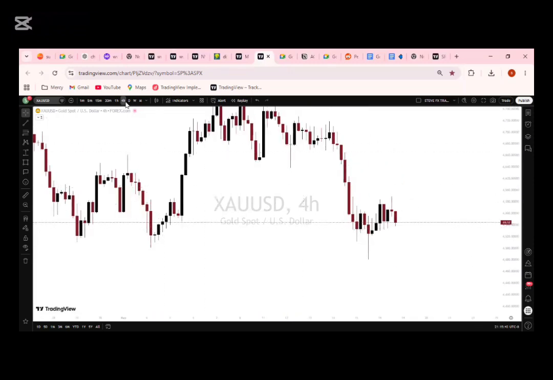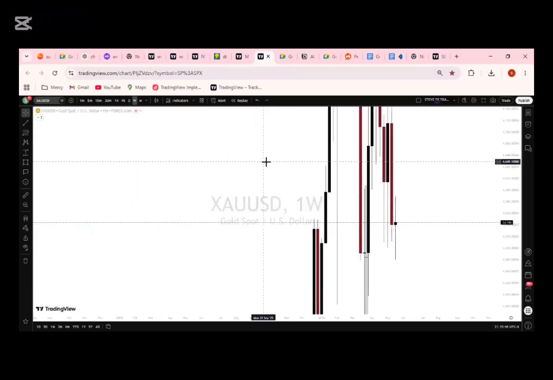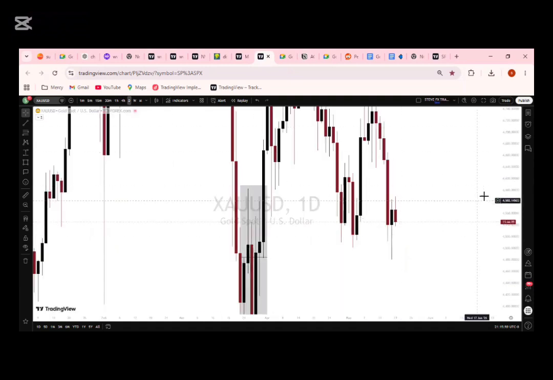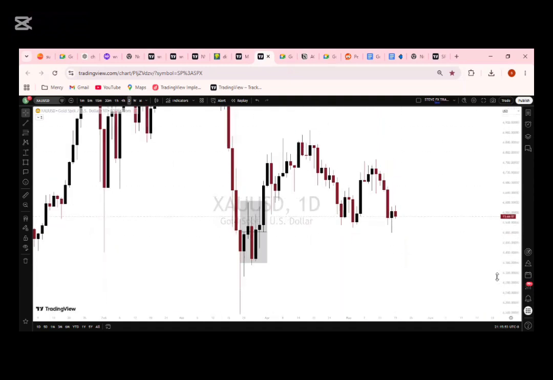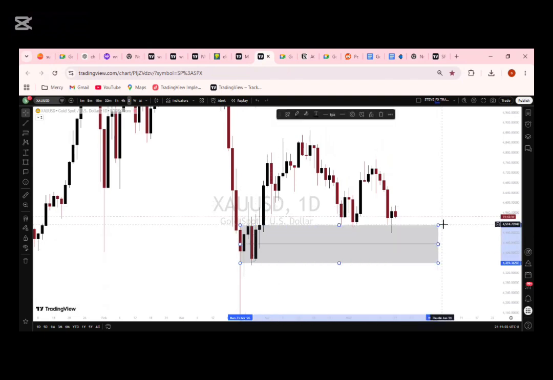In our previous video, we talked about order block refinement, the lower time frame refinement. For instance, we have another block over here on gold.